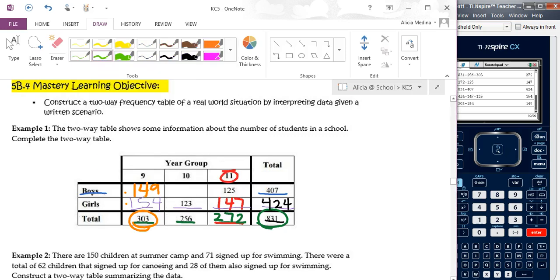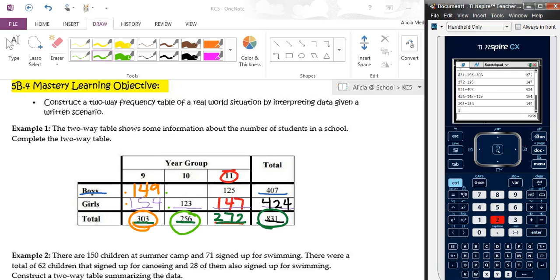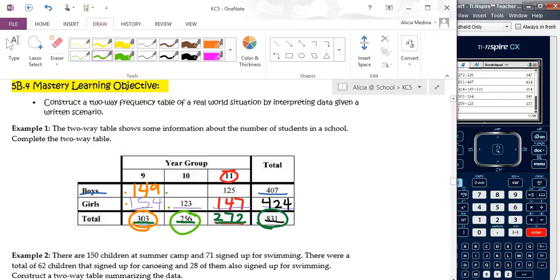And let's use green. Same thing here, my total number of sophomores. I see my girls, I need to figure out my boys. So I'm going to take that 256 and subtract 123. It gives me a number of boys of 133.